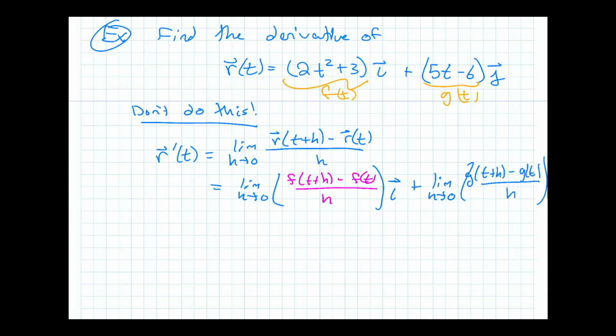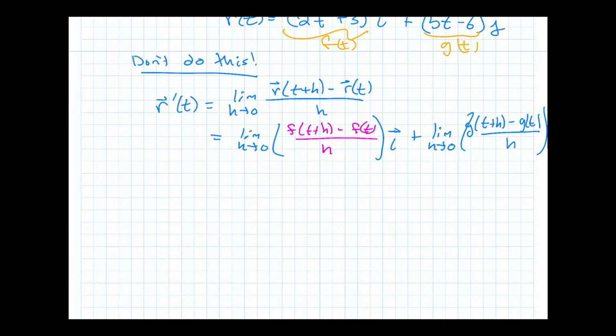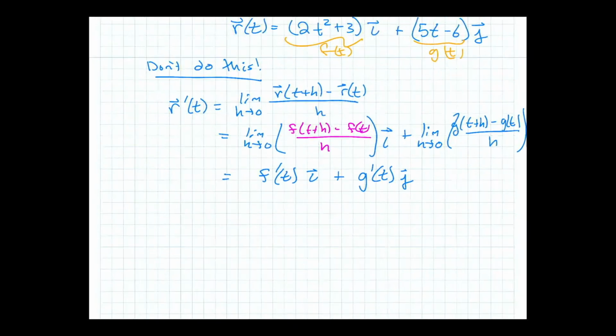Because this limit would be done term by term. And this is just the normal Calculus 1 definition of the derivative for f. So this is simply f prime of t i plus g prime of t j, right? So you just do the derivative term by term.